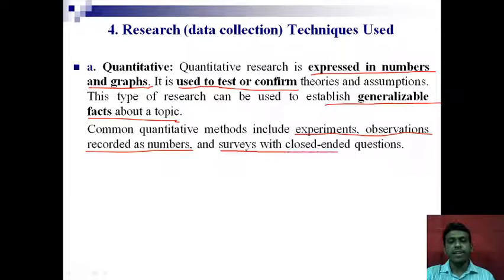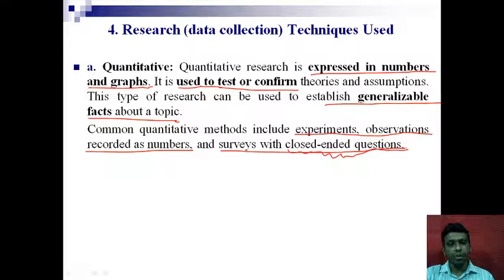Then surveys, that is questionnaires, like a feedback form you sometimes get. And when you have close-ended questions, these are questions which have options, option A, B, C, D, E. Sometimes you get questions like, how much do you like the sandwich in a hotel, or what do you feel about the tea or coffee provided by a hotel.